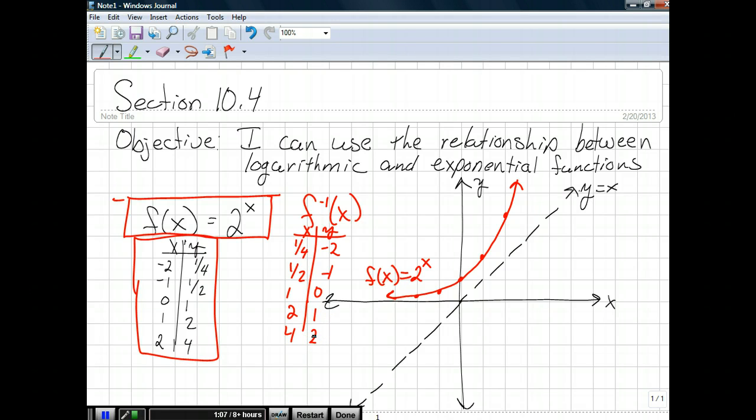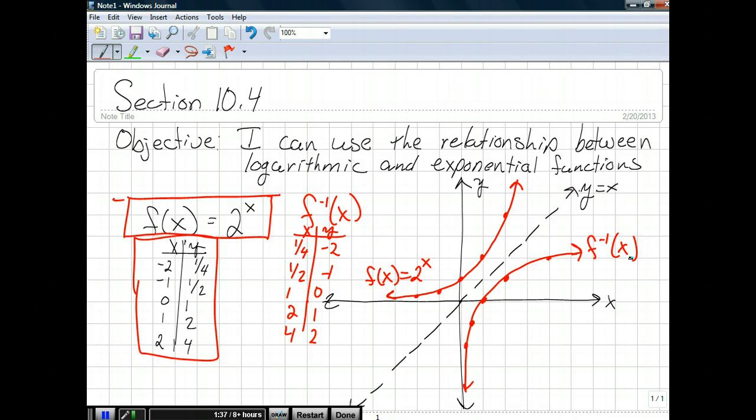So if we plot those points, 1/4, -2 is right here, 1/2, -1 about right there, 1, 0, 2, 1, and 4, 2, so the inverse function is going to be a graph that looks something like this. So this is f inverse of x.